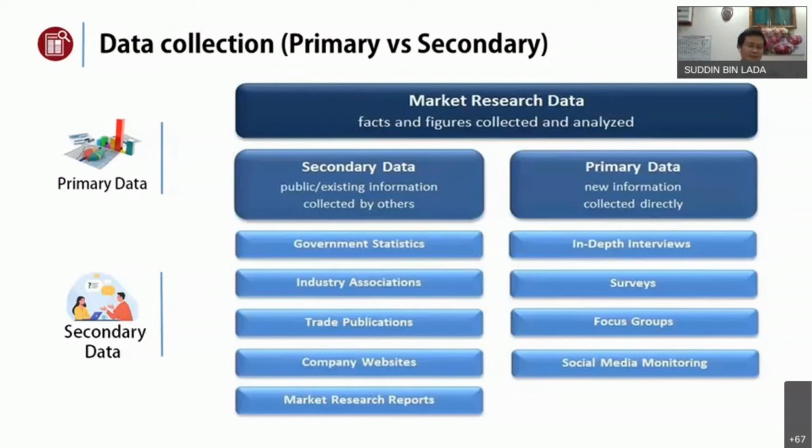Articles, annual reports, for instance, or magazines or news, printed or online, all existing information. Compared to primary data, which is new information collected directly from your sample.